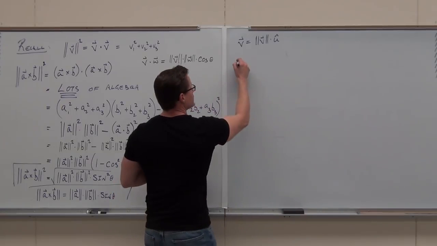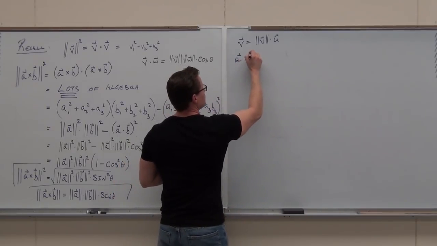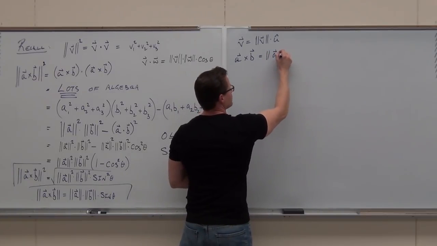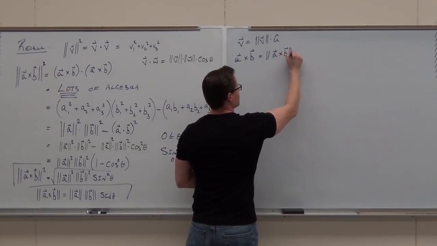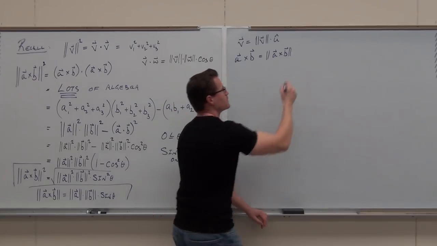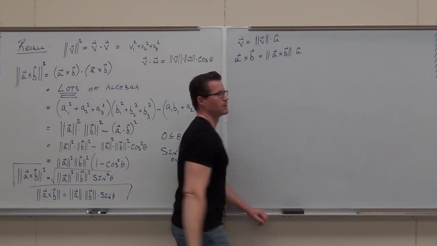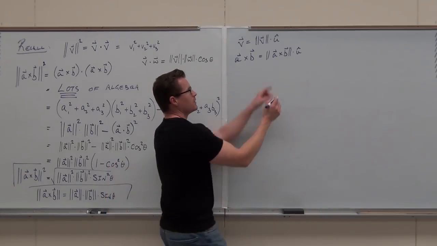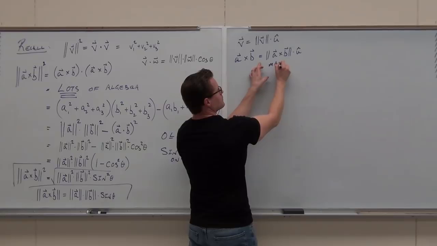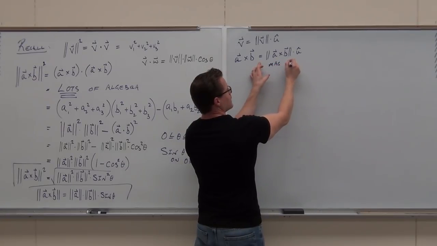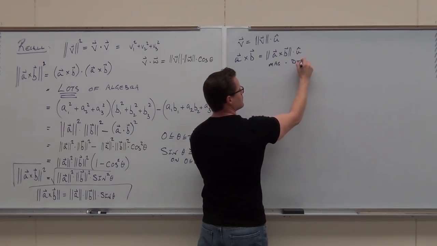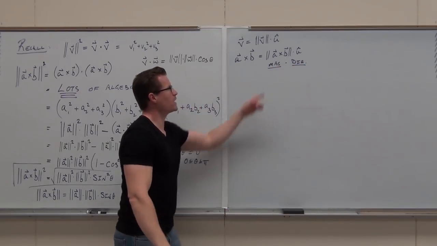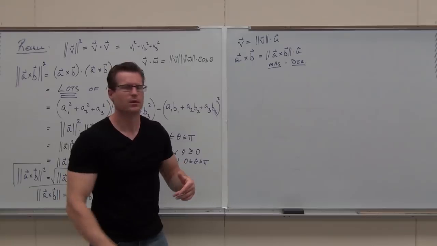Then A cross B can be written as the magnitude of the vector times the direction of the vector. Magnitude times direction. But wait, we got a formula for that now.